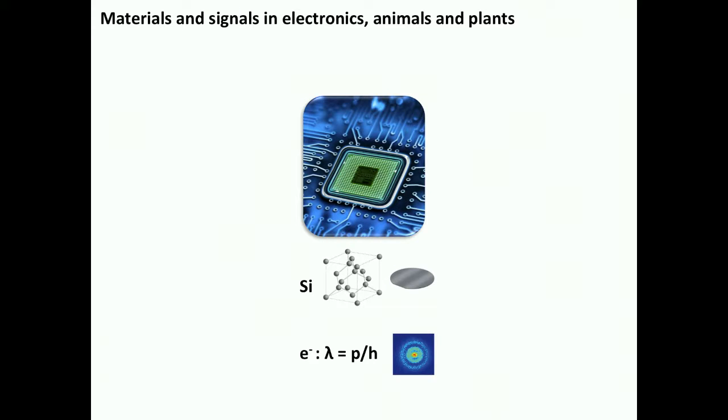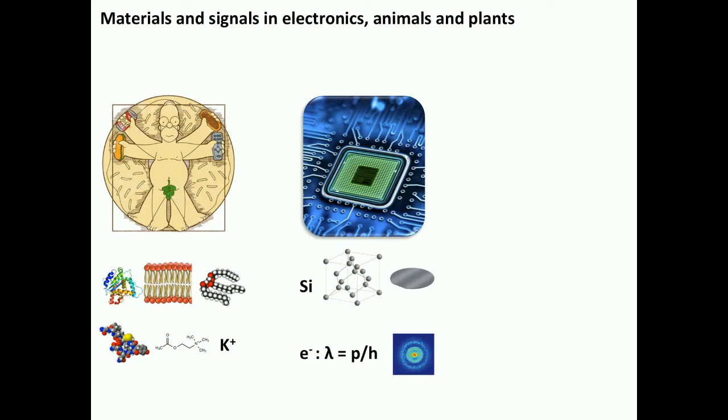Before I go into my own results, I would like to discuss a little bit about materials and signals in different kinds of processing systems. Let's start with electronics. Everyone knows that we have the diamond crystal, silicon wafers. The electrons are the signal carriers, whereas in mammalian systems, typically these 3 components, the triglycerols, the phospholipids, and the proteins, build up most of the structure in animals and also in humans.